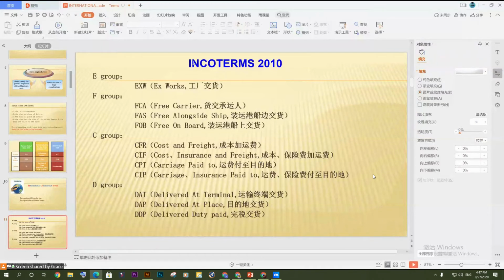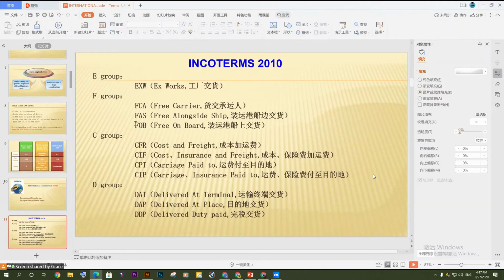Okay, let's look at FOB. FOB is here. FOB means free on board. If we use FOB, there is no freight and insurance paid by the seller, so the price of the products will be lower than in CIF.